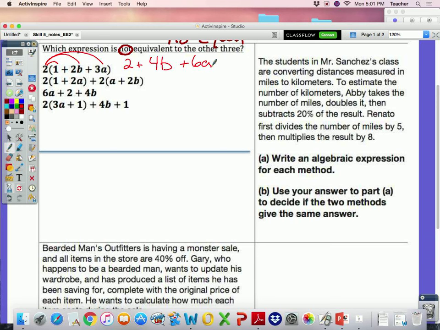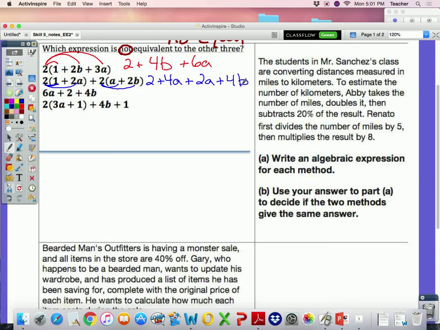Good. So let's look at the next one. Distribute. Don't forget to distribute the second one. So we have 2 plus 4a plus 2a plus 4b.